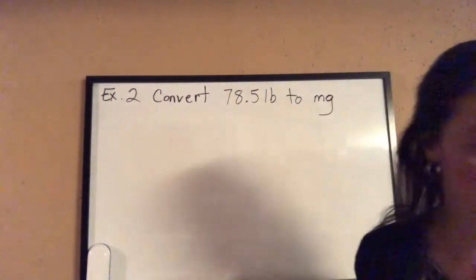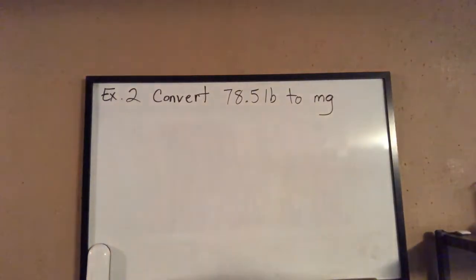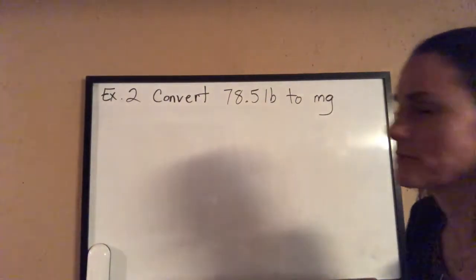Pounds to milligrams. Well, if you look at your chart in table 2.7, you have a conversion for pounds to kilograms, and you have a conversion for pounds to grams, but you don't have anything for pounds to milligrams.